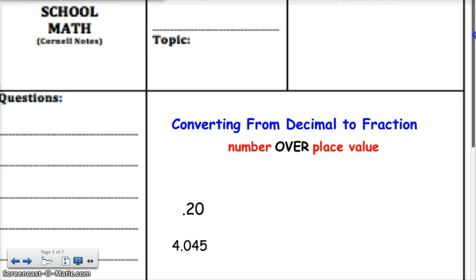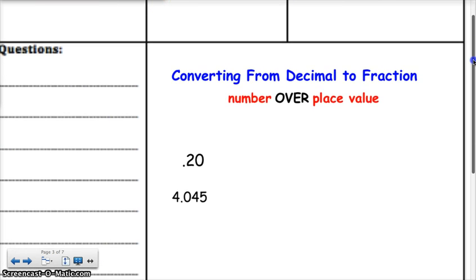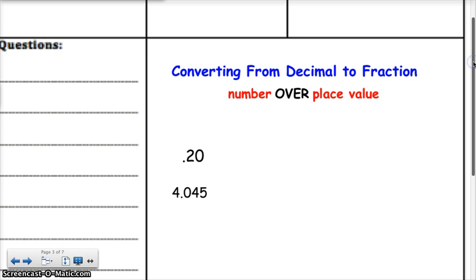Converting from decimal to a fraction. You go number over the place value, right? Number over place value. So place values, just to remind yourself: tenths, hundredths, and thousandths. There are the place values.